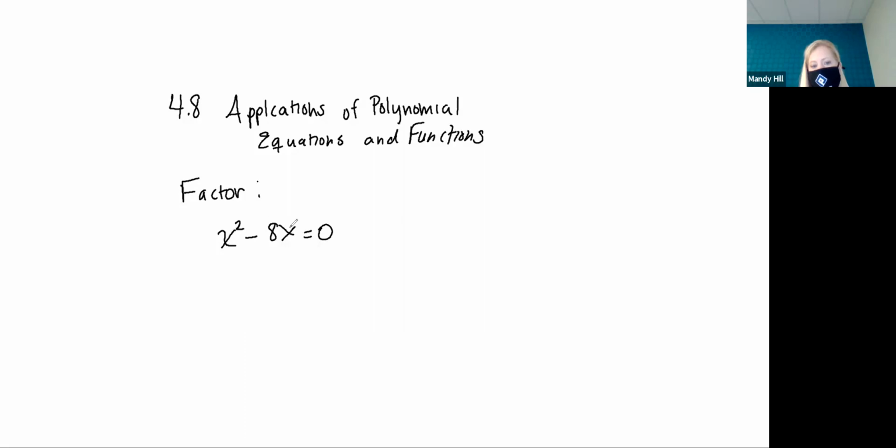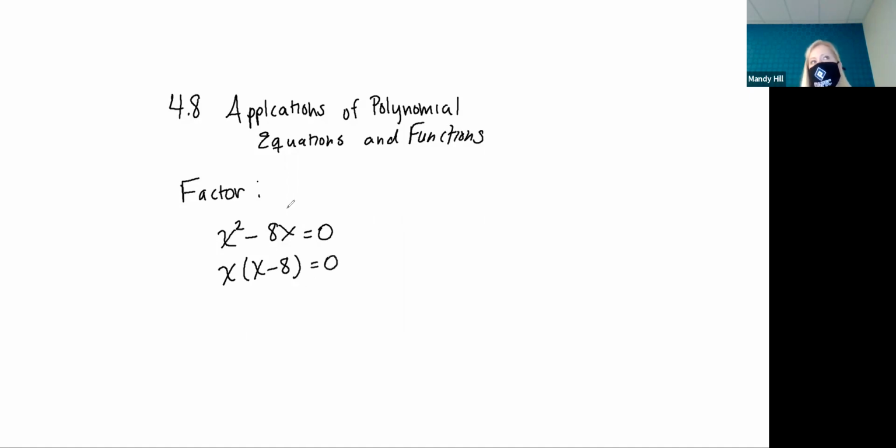And I'm seeing an x in both of these terms. So I would take an x out of the x squared, and I would also take an x out of this minus 8x. If I take an x out of x squared, that's just going to give me x. If I take an x out of this minus 8x, I still have minus 8.